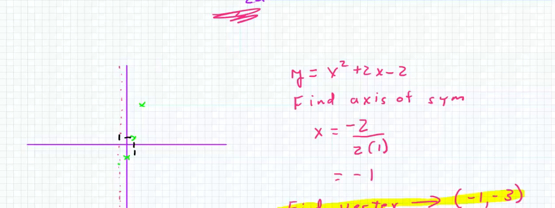The next thing is to remember, these are symmetrical. This line is the axis of symmetry, so the graph is the same on both sides. So this point is over here, 1, 2, 3.